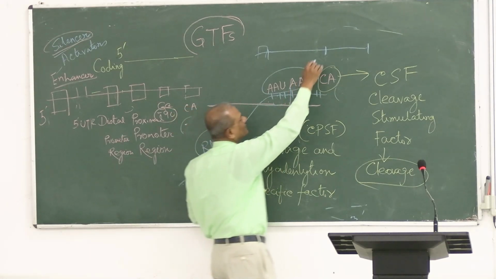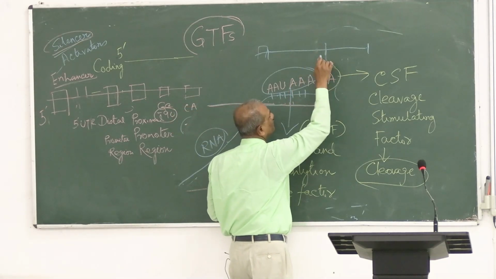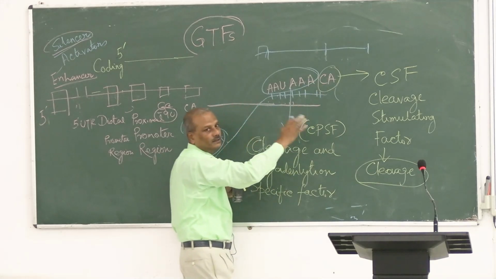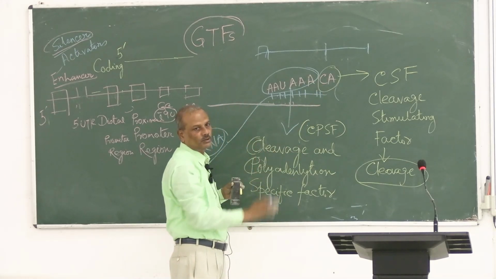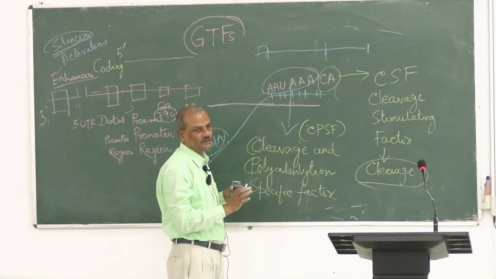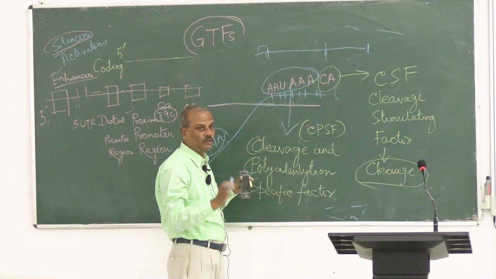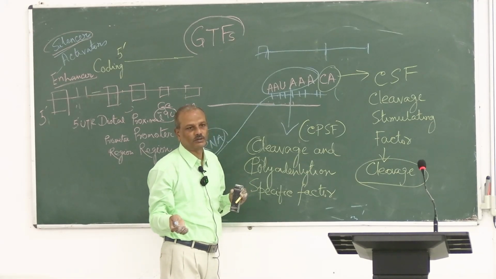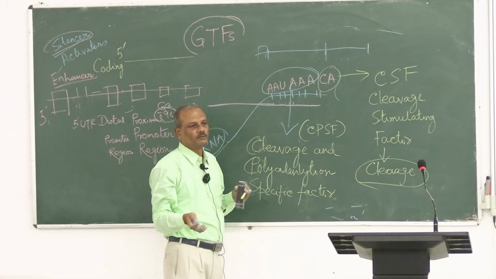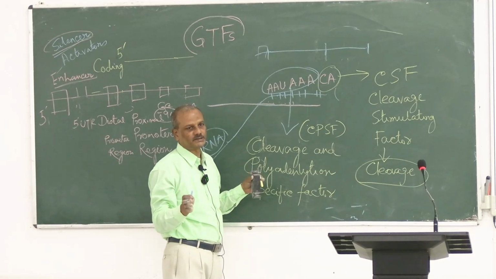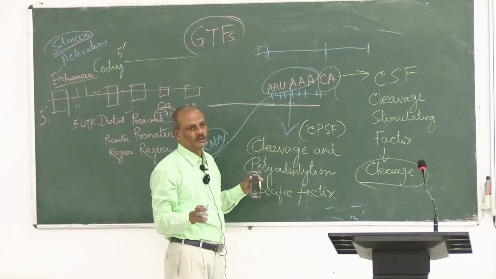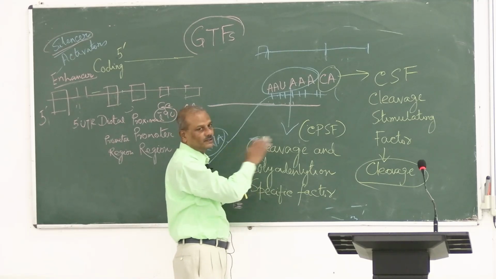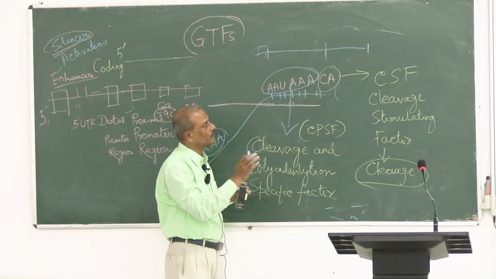When anything is cut in the middle of any RNA or DNA molecule, that is called an endonuclease. Remember, there are restriction endonucleases, that we will be reading during recombinant DNA technology, where several restriction endonucleases are used. They cut at different points.